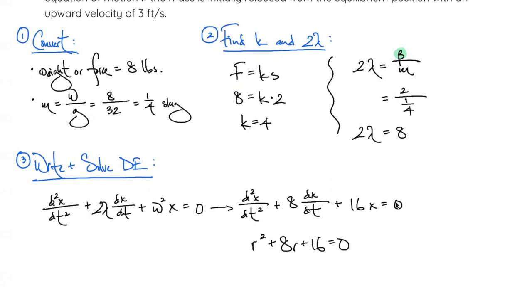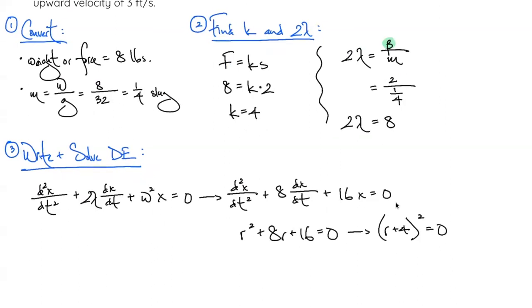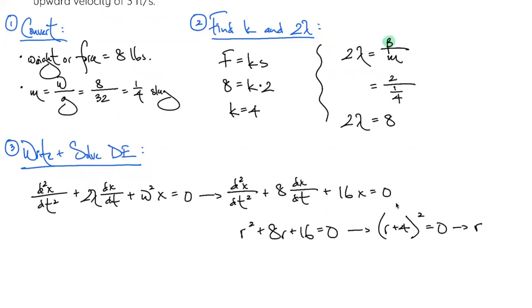We can factor this: r plus 4 squared equals 0, and that gives us r equals -4. So we found our root. It is indeed repeated and real.